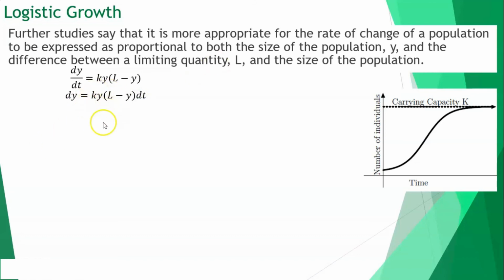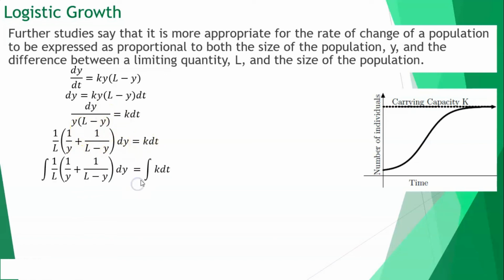So cross multiplying, we get this. Divide both sides by y, L minus y, so we get this one. Factor out 1 over L, so this would become 1 over y plus 1 over L minus y dy equals k dt.